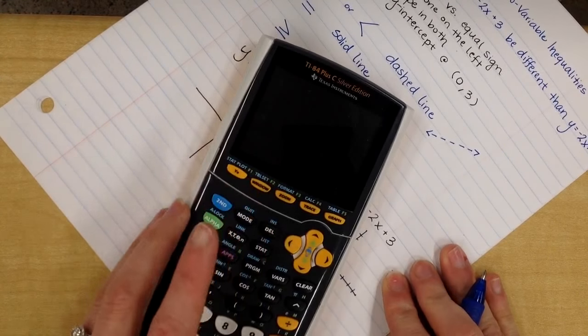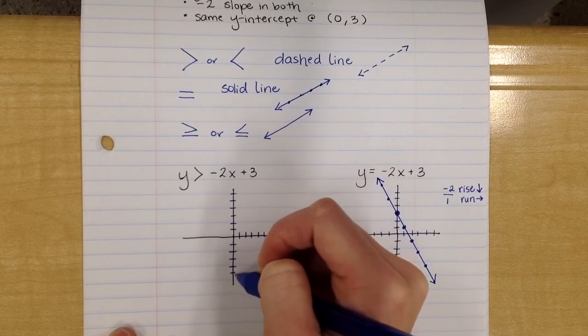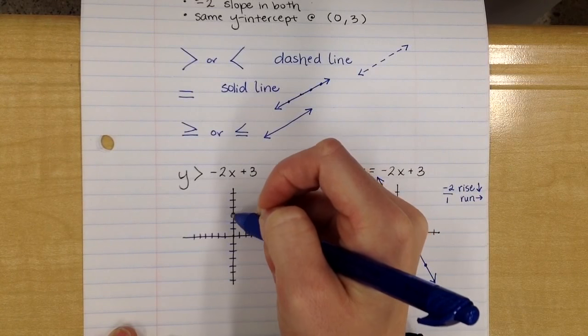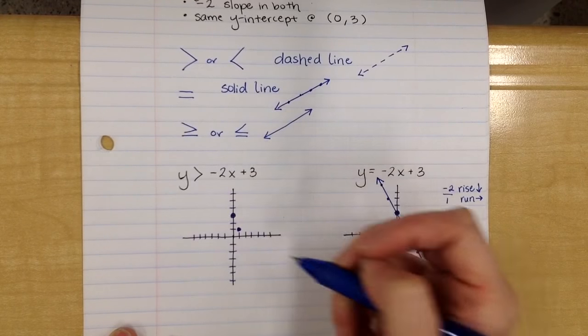Over here, we're going to draw the exact same dots, but keep in mind we're going to make this one a dashed line instead of a solid line when we connect them. All right, there we go. You can be doing this on your paper as well.